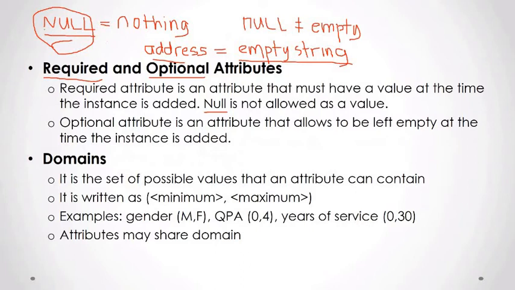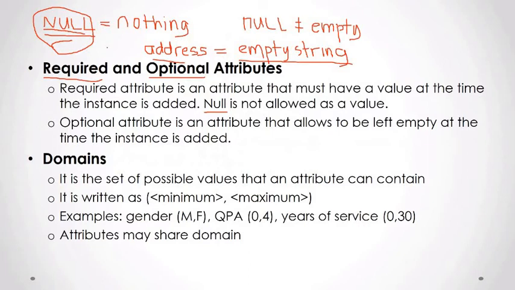Okay, an attribute will have a value null when you added a record and you left that attribute blank, which means you did not input any value for that particular attribute.